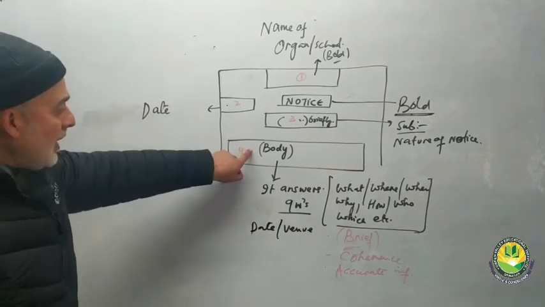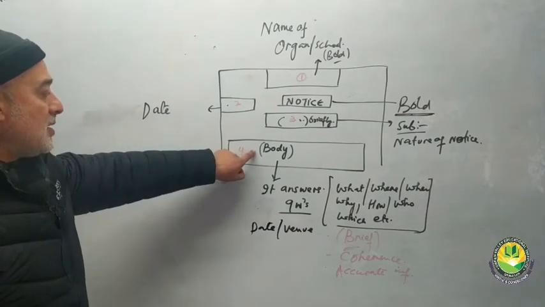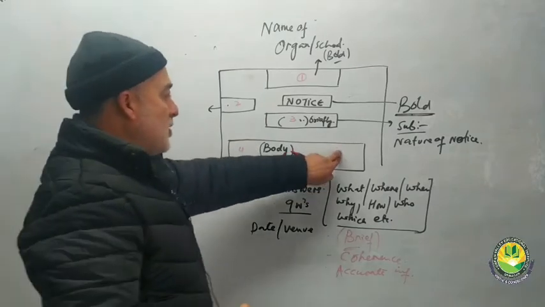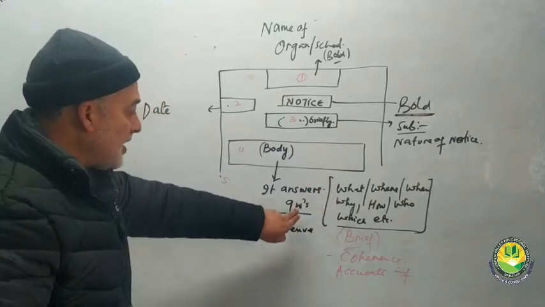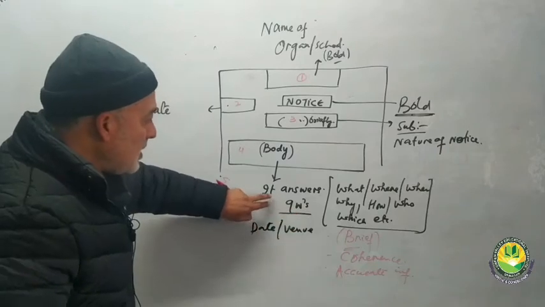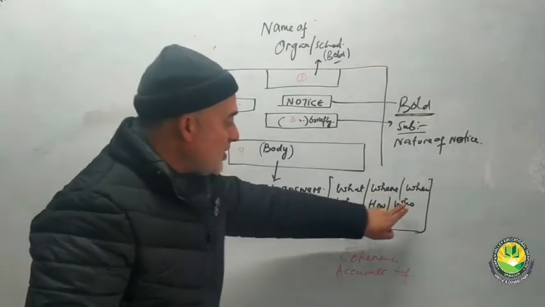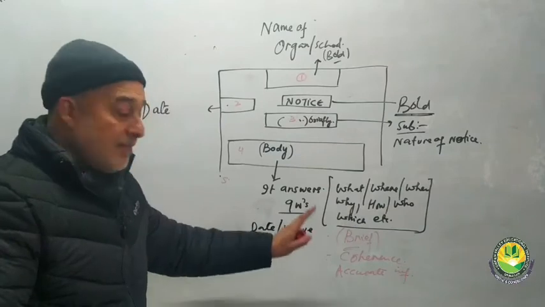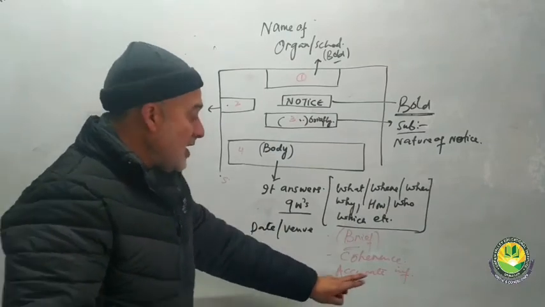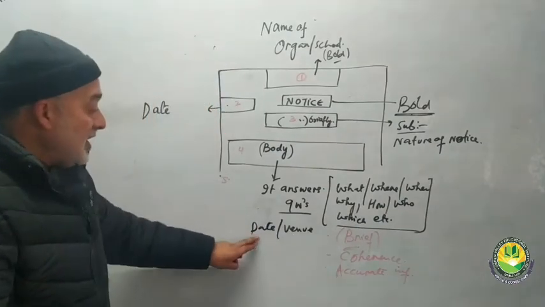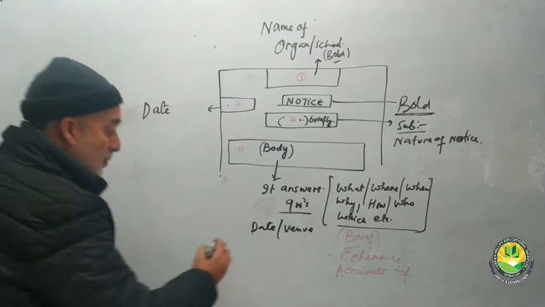So this body is actually the most important aspect of the note, which covers the 9 W's. In this section, you need to answer these questions briefly, and there should be coherence and accurate information. Date and venue must be mentioned properly.